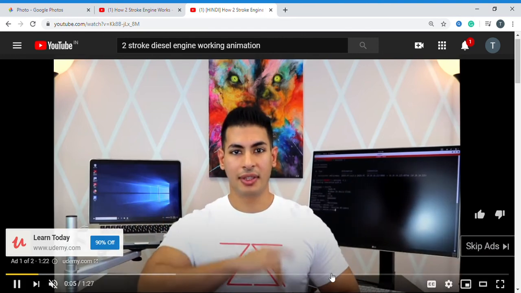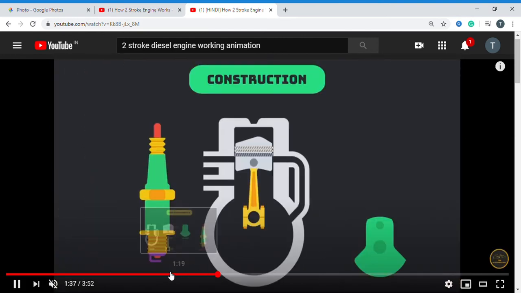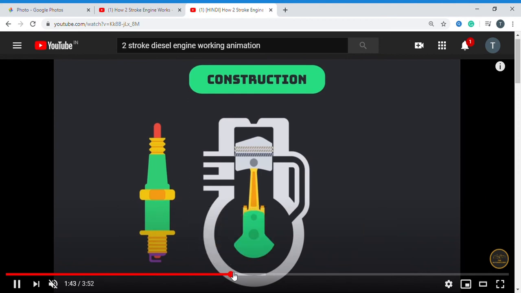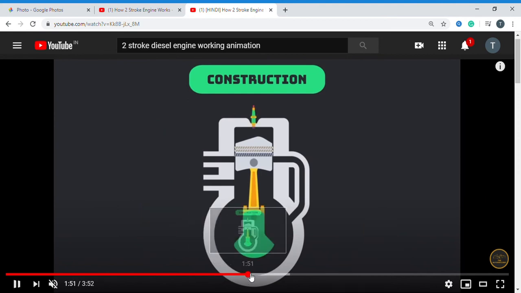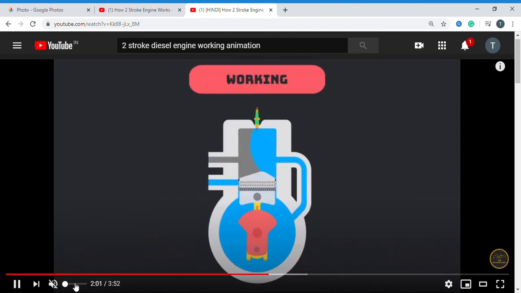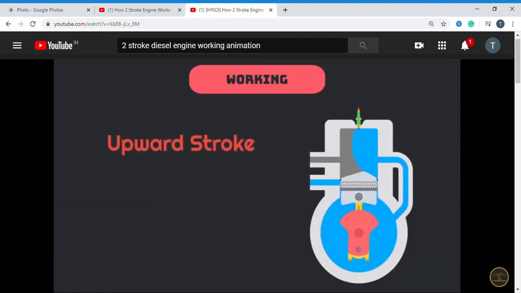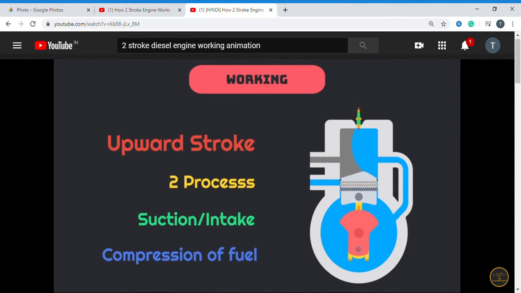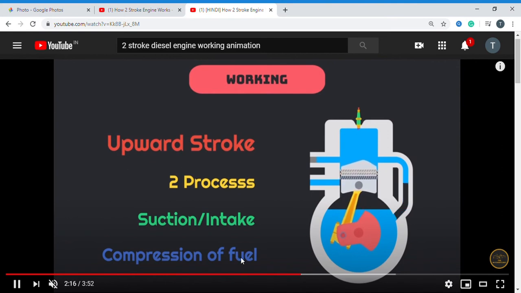You can easily understand. See the picture? Suction process or compression of the fuel. Sorry, compression of the air here. It is wrong. Okay, you can observe.